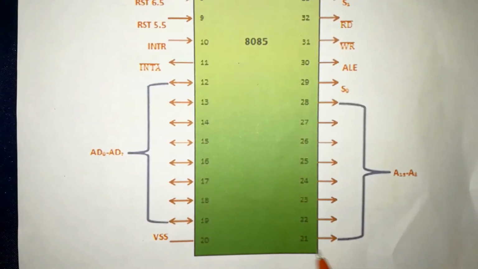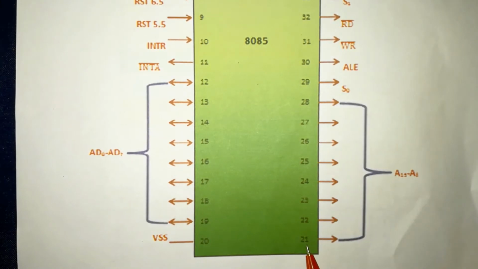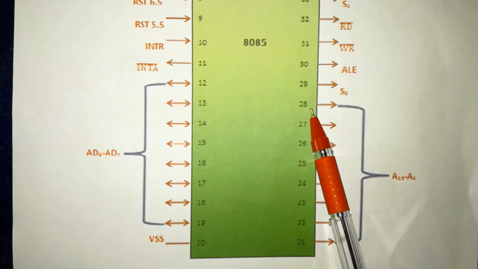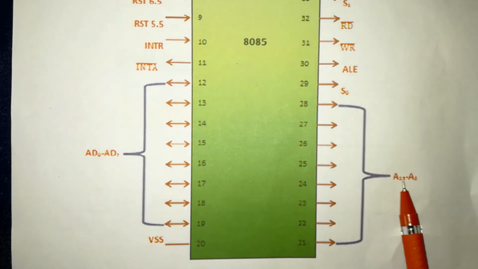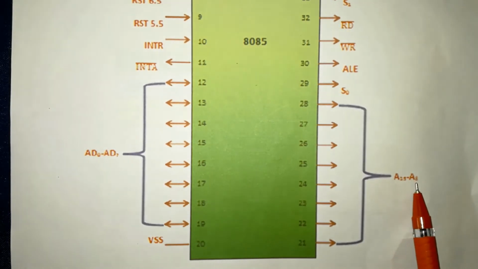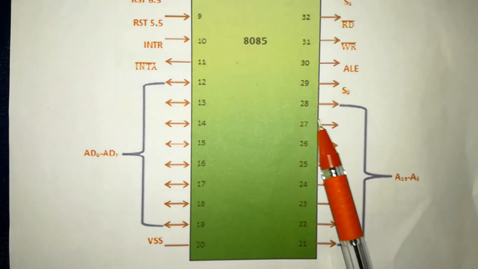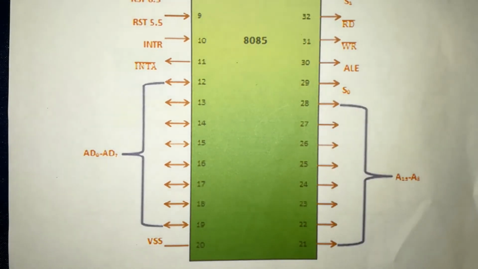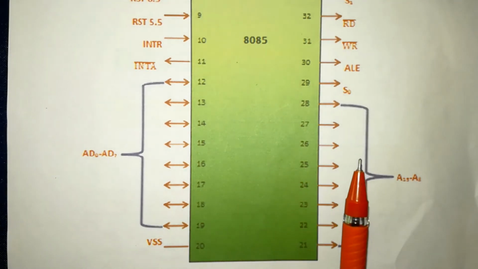Here from pin number 21 onwards, pin number 21 to 28, these are A8 to A15. A means address bus from 8 to 15. That means total address bus in 8085 is 16 bits.